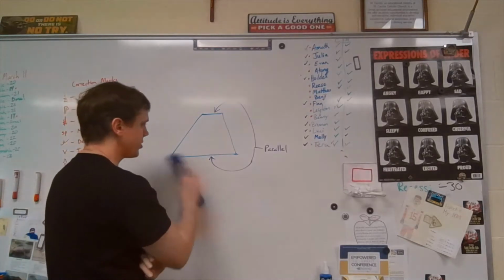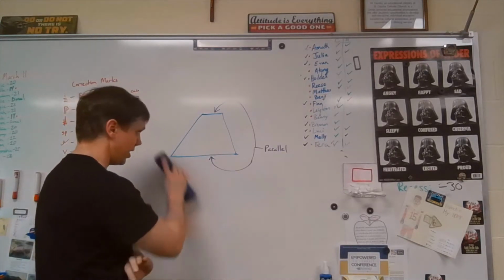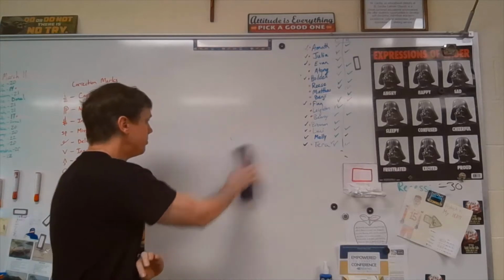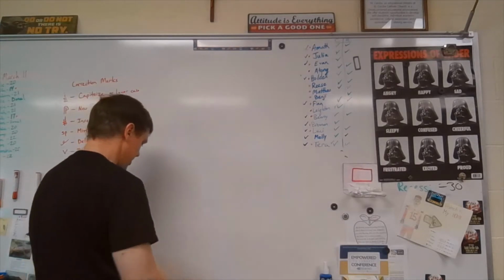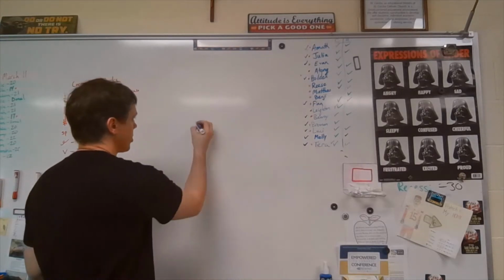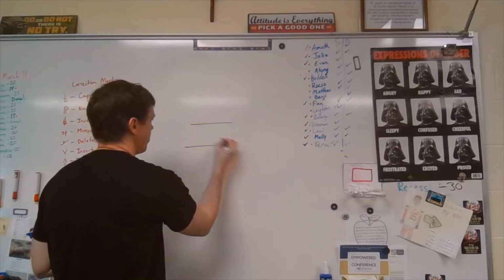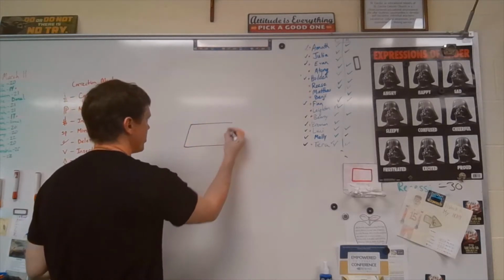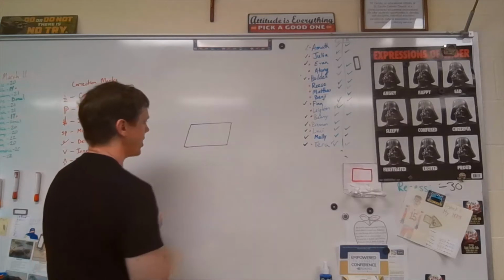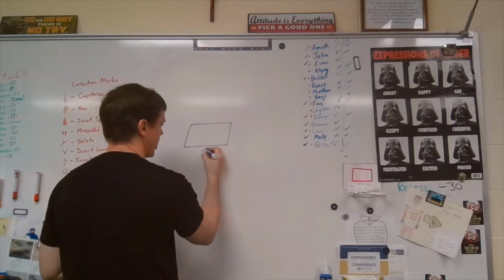All right, so this is a trapezoid, right? At least one set of parallel sides. Now we're going to talk about a special type of trapezoid, which is called a parallelogram. A parallelogram is a special type of trapezoid that has two sets of parallel sides.